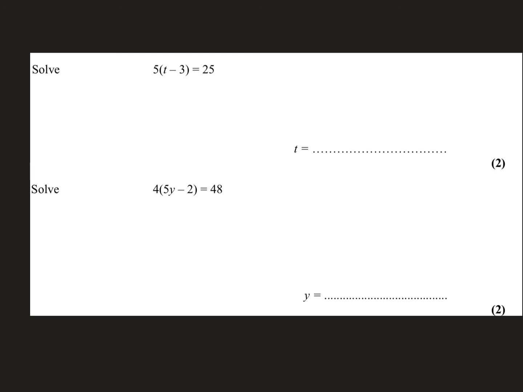So the first one here, multiply out your brackets. You're going to do 5 times t, then 5 times minus 3. So 5 times t is 5t. 5 times minus 3. So basically what you're saying is I've got 5 minus 3's. That would be minus 15. And the 25 doesn't change, equals 25. So I'm going to bring my minus 15 over to the other side and make it a plus. So 25 plus 15.